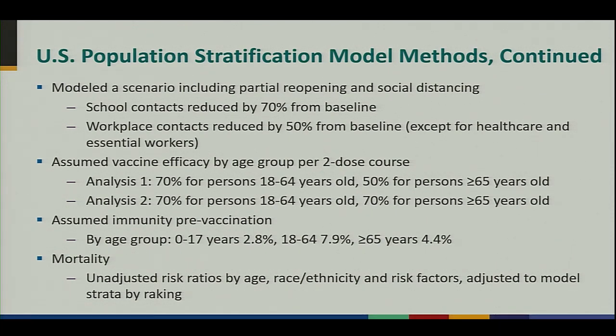And the second analysis looked at an assumption of 70% VE for all adults. We assumed prior immunity as stratified by age and depicted here that was derived from seroprevalence surveys in Louisiana from CDC's prior work. Mortality included unadjusted risk ratios by age, race, ethnicity, and risk factors, and were adjusted to model strata using ranking methods. Next slide, please.